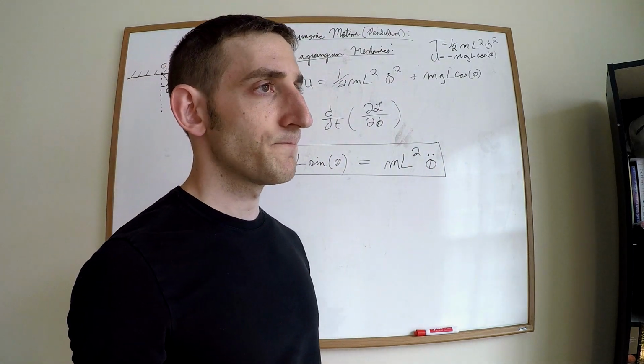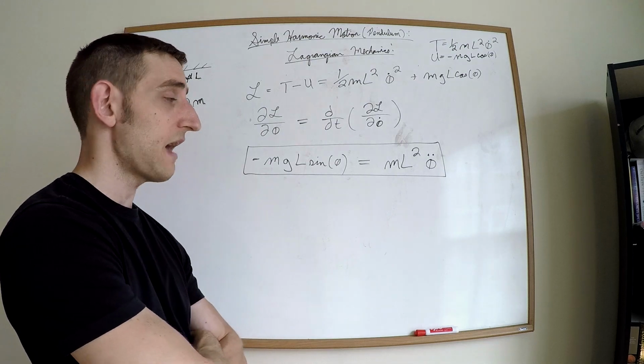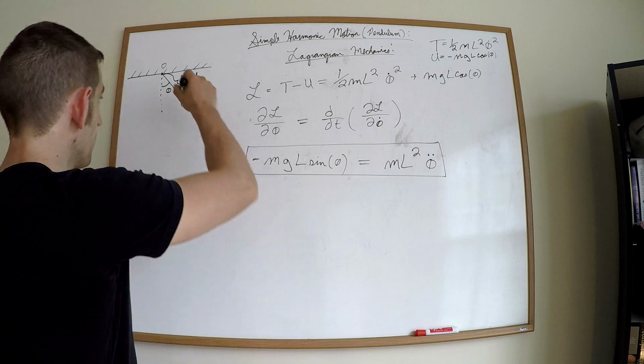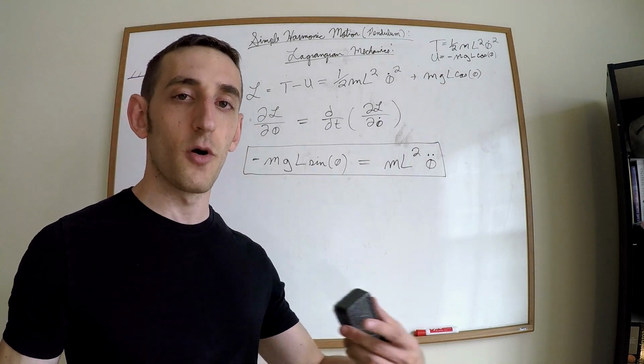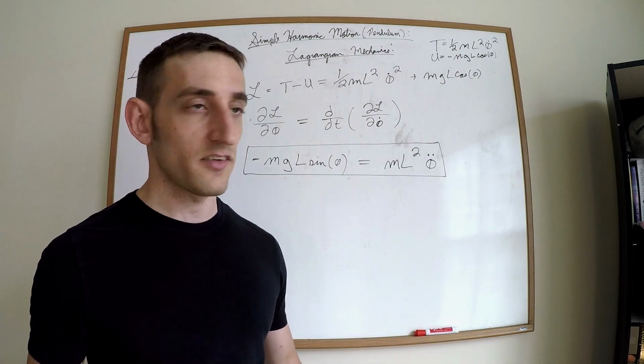But you can see here, we got the result very easily by just doing math. Very easily. We didn't have to draw out a free body diagram. We didn't have to consider the constraint force, this tension force, which can get very convoluted when we have a lot of normal forces and tension forces, especially when you're doing engineering mechanics.